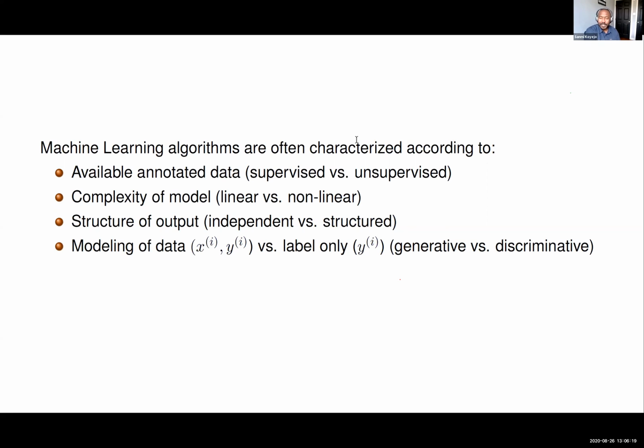Hopefully some of this will become clear as we go over the lecture. The kinds of models that try to explicitly capture X and Y are typically known as generative models. The kinds of models that only look at Y given X, so just the predictive portion, are typically known as discriminative models. Again, this is one of the topics we'll spend some time on over the course of the lecture.